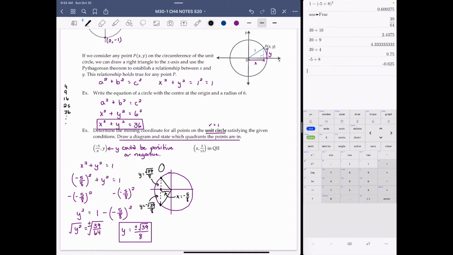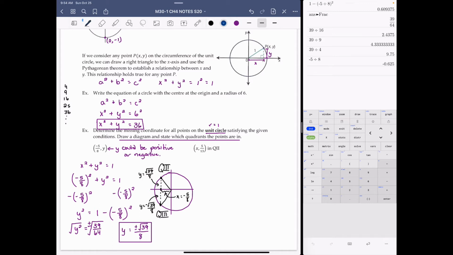And again, we're in quadrants 2 and quadrant 3. So we have 2 solutions, one in quadrant 2, one in quadrant 3. Positive root 39 over 8 for the y value, and negative root 39 over 8.